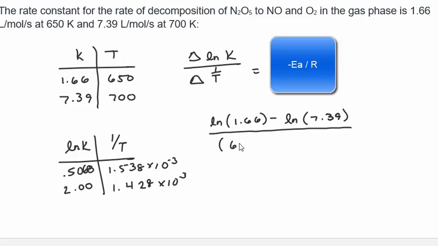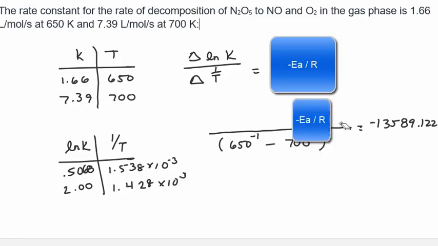That's the reciprocal. And then subtract the reciprocal of 700. And when I do that, I get a value of -13589.1221. It's enormous. But that number there, if you've entered everything into your calculator correctly, that number is equal to EA over R.